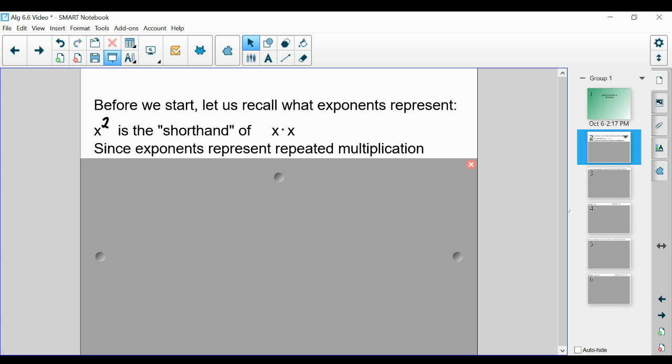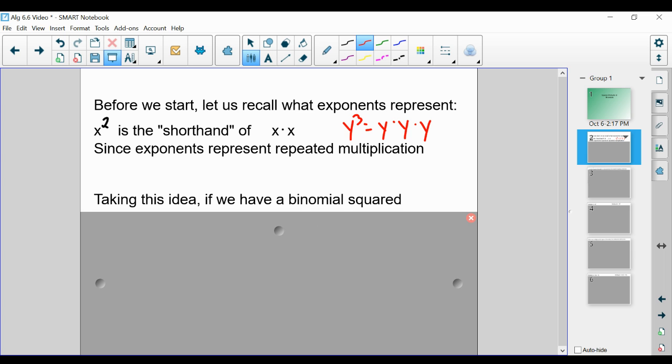If we had y to the third power, well, y to the third would be y times y times y. We're saying that base of y is multiplied by itself 3 times. So we're going to be using this idea to help us with these special products of binomials.